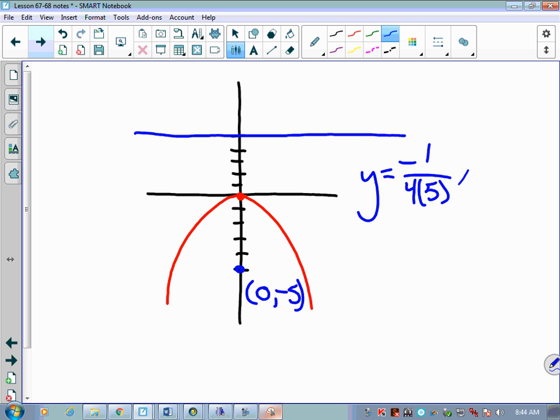And then x squared, so we'll reduce that, y equals -1 over 20 x squared. That's it. Got it? So the answer is yep.